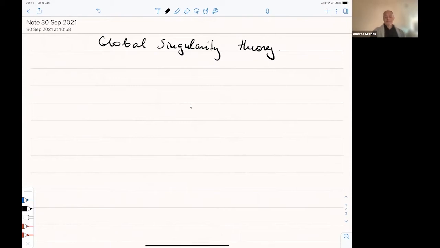Let me explain what the problem is. So let's just see an example. The idea is the following. We have a map between two manifolds M and N, and we'll consider a particular regime.